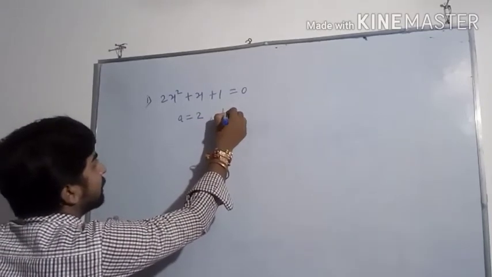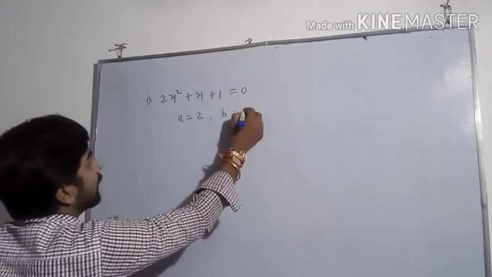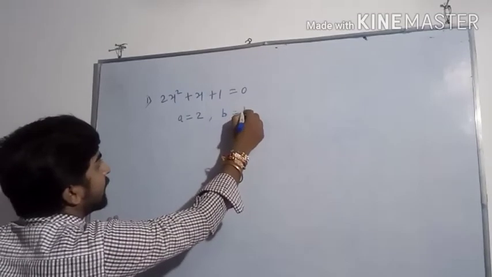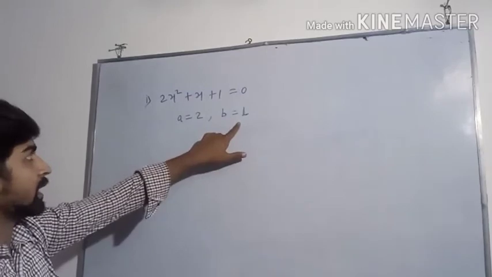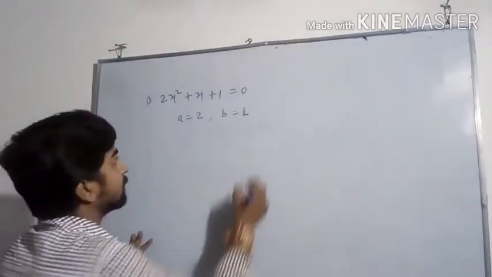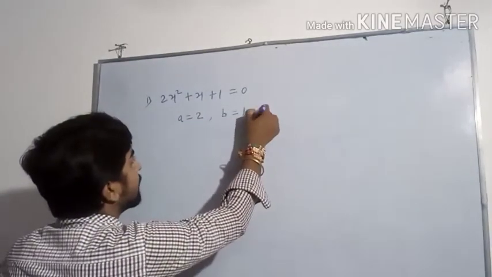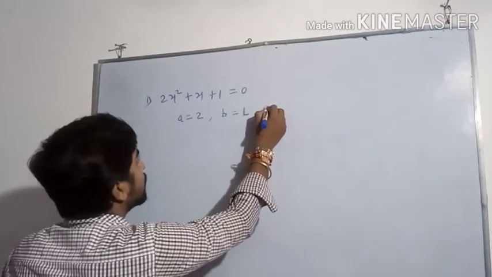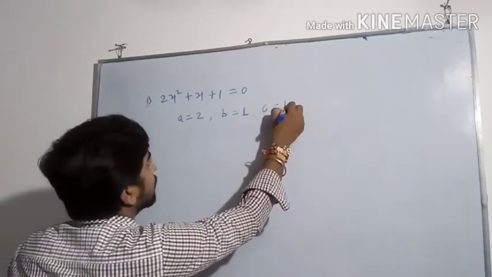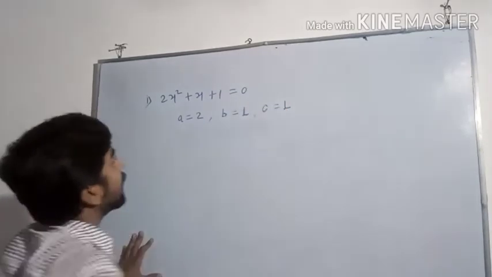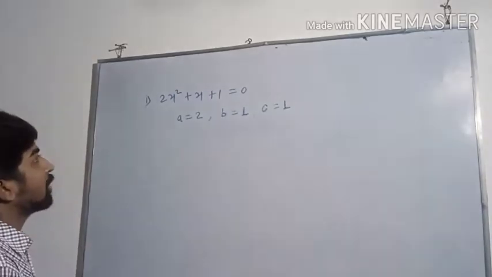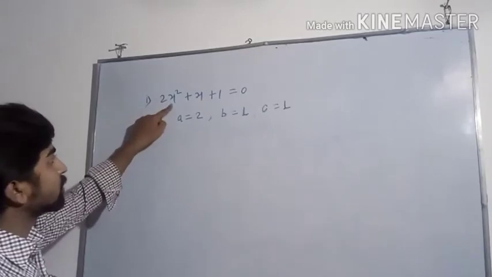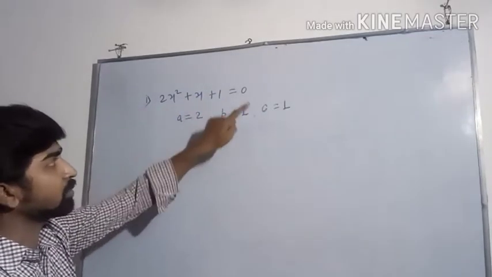B is the multiple of x, which is 1, and the constant term is C equals 1. We have the quadratic equation 2x squared plus x plus 1 equals 0.